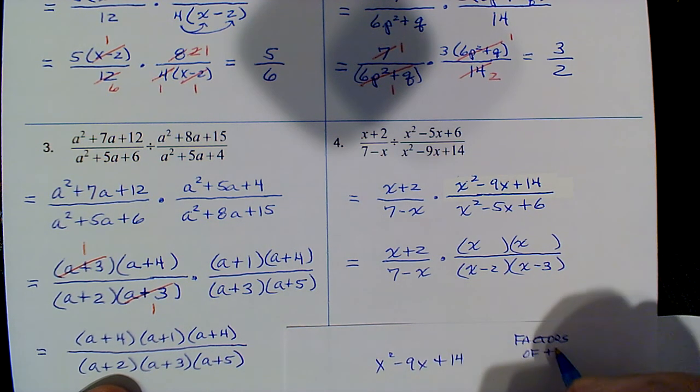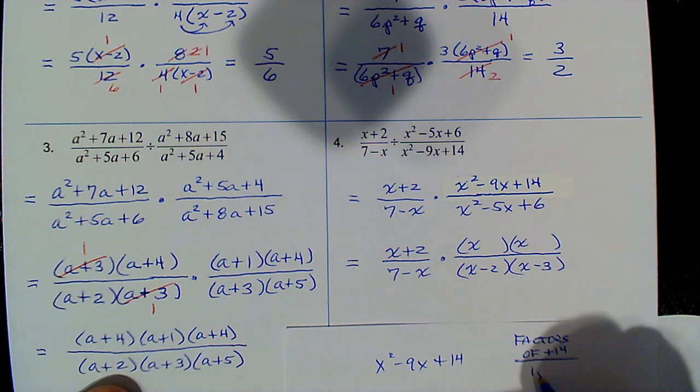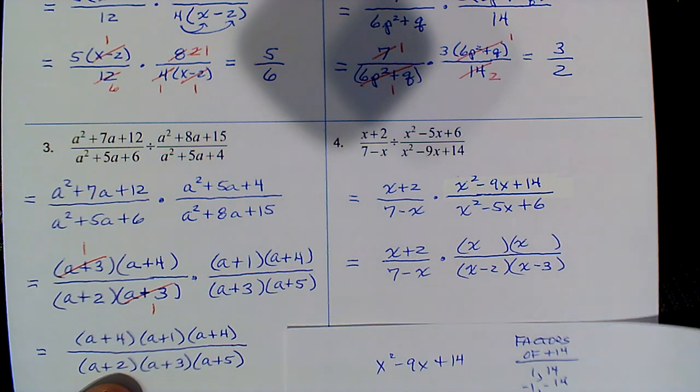Factors of positive 14: 1 and 14, negative 1, negative 14, 2 and 7, negative 2, negative 7, and that's it.